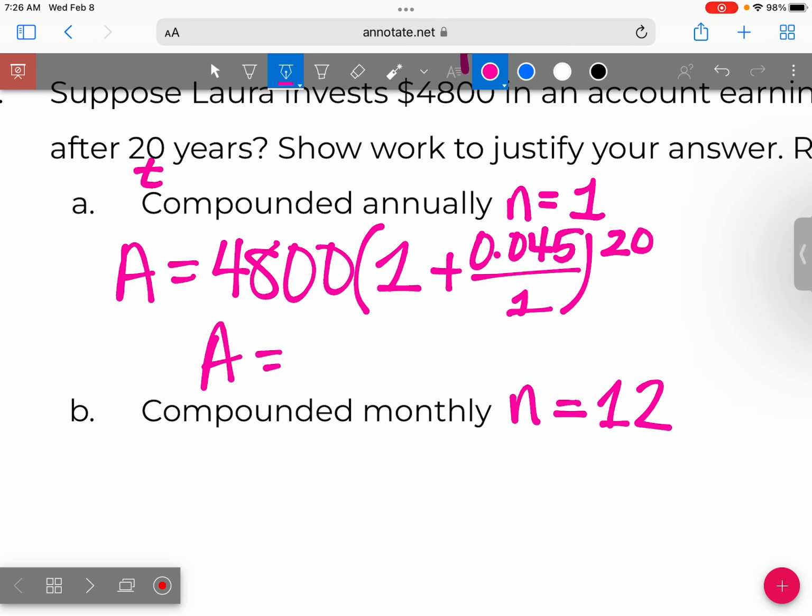It is a long number. What is it? 11,576 and 23 cents. Got to round, remember? Yep, round to nearest cent. So it's 227, which means we round that 2 to a 3.